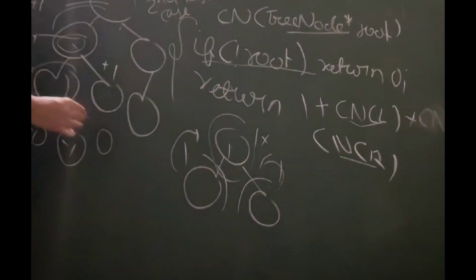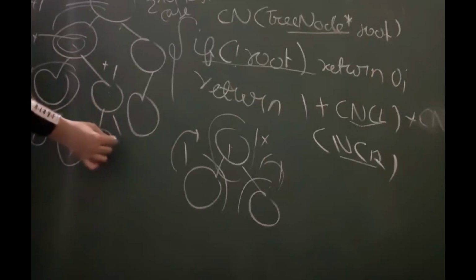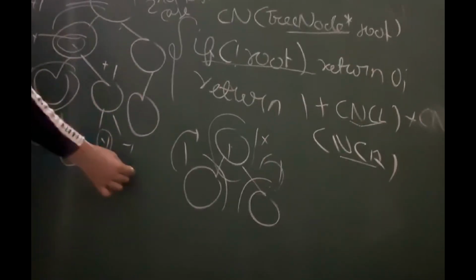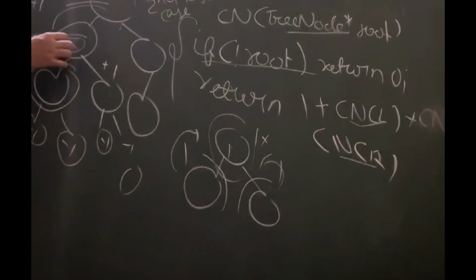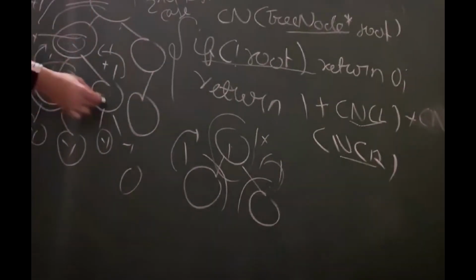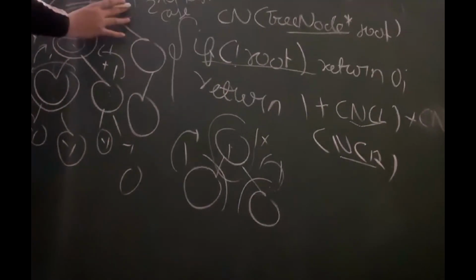It will add 1. This also doesn't have any children. So here also it will return 0. And finally this root will have 1 from here, 1 from here, and then it will pass its own one to this. So basically we are getting 3. 1, 2, 3 in this node.